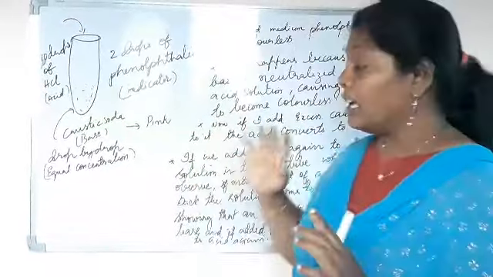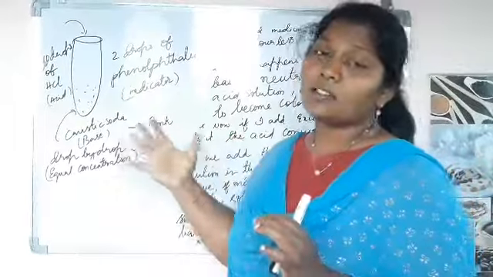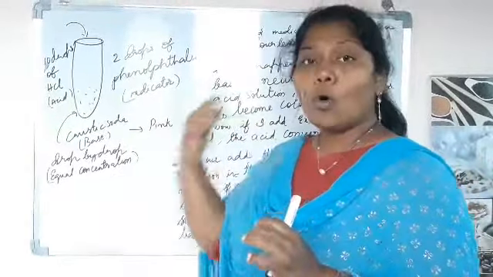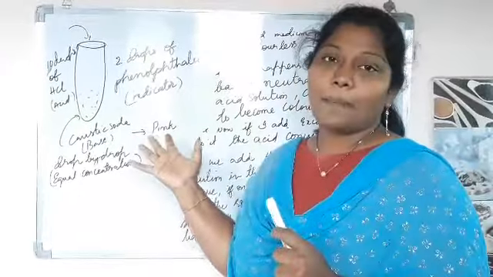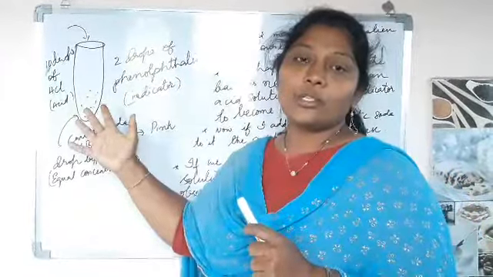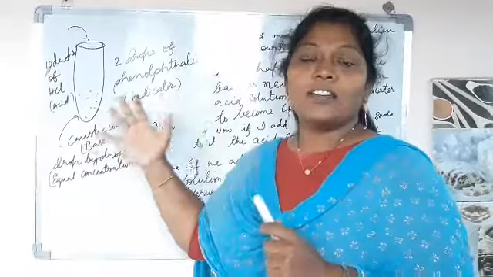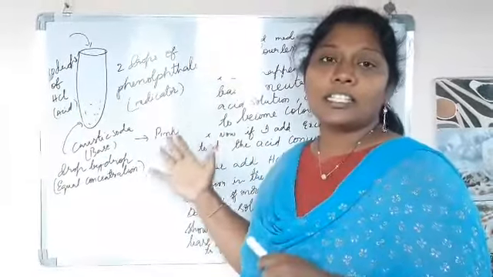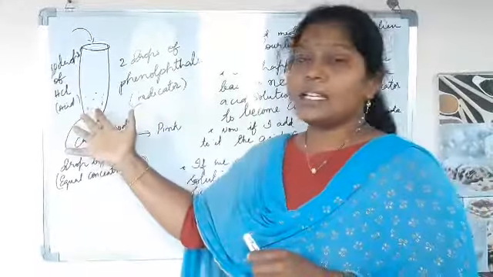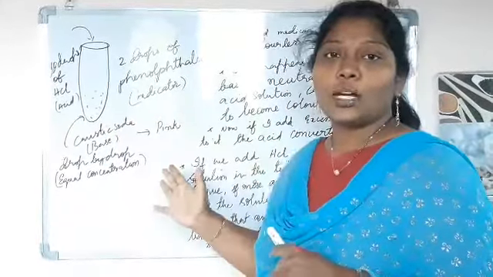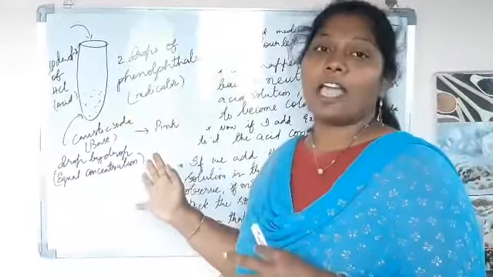But now if we go on adding more and more caustic soda to the test tube, what will happen? The HCl solution, which is an acid, will try to convert itself into a base. Okay, an acid can be converted into a base in this reaction.